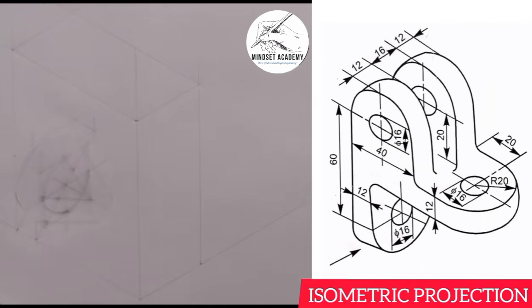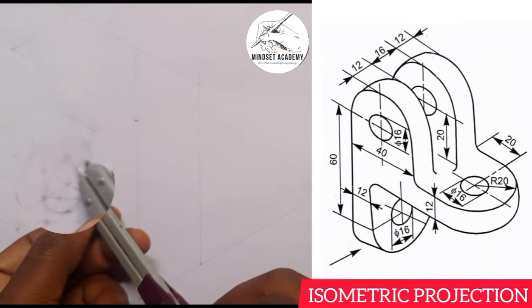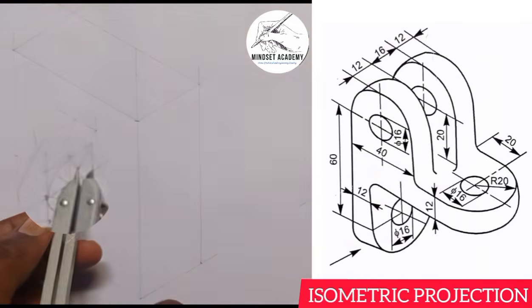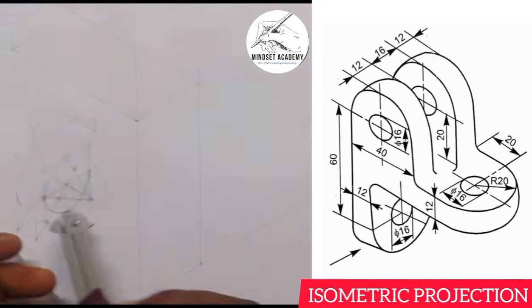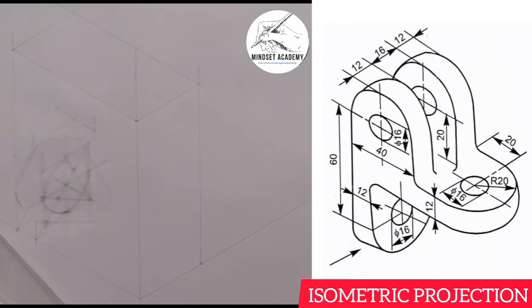Hope you can see that. And also here too, faint line. You do the same thing that way. So once you've done that, now we'll proceed by using faint line first of all.